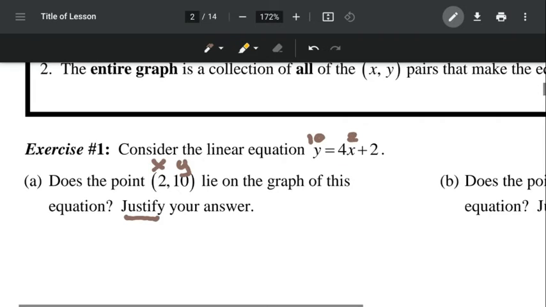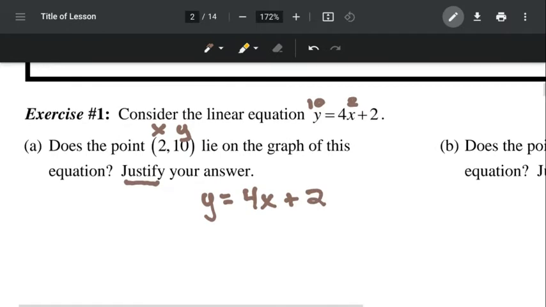So let's rewrite this. Just to recap, I have this equation, y equals 4x plus 2, and I'm going to plug a 10 in for y, and 4x means 4 times x, so 4 times 2 plus 2. Now we have to evaluate.